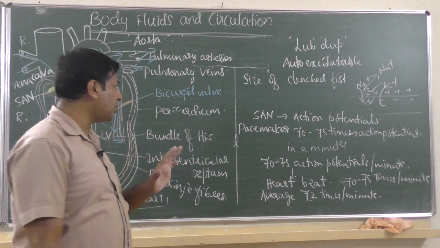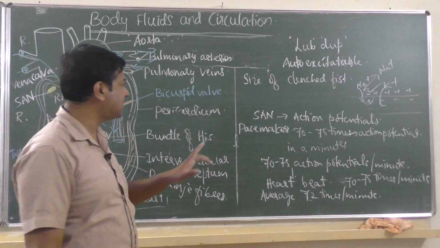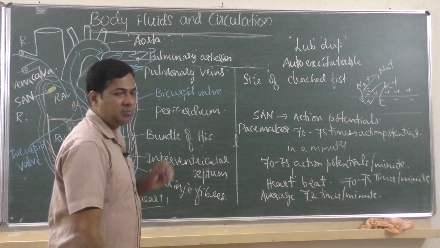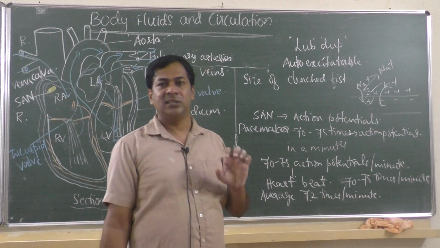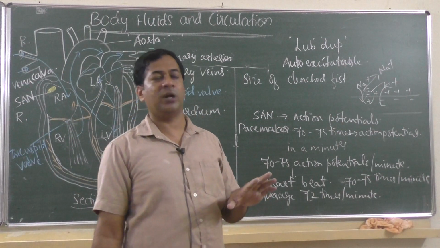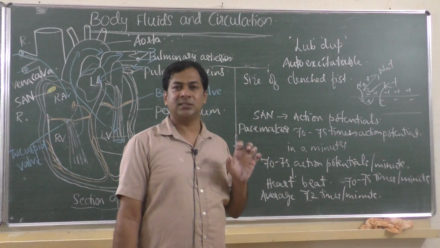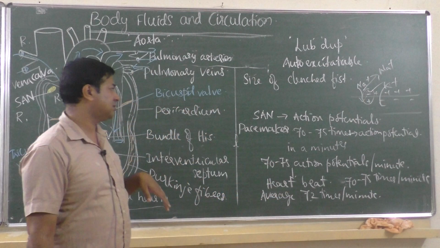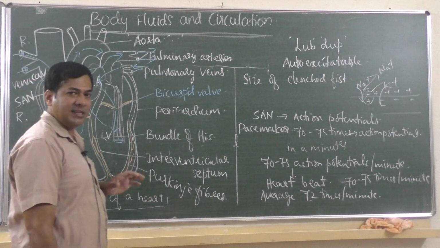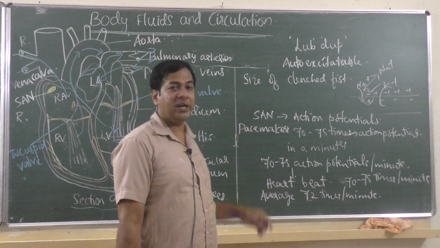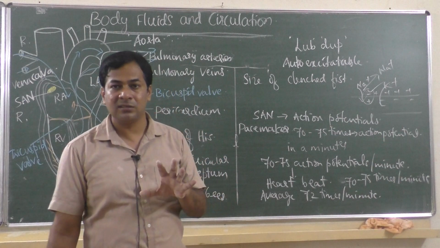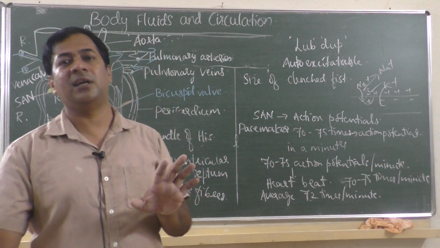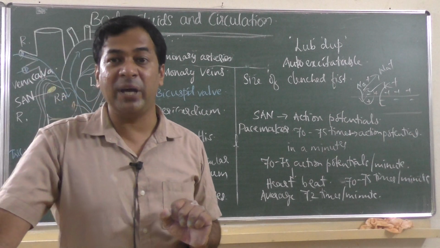So what controls it? What controls the heartbeat is the SAN, this part, the sinoatrial node. How does it control? By generating action potentials 70 to 75 times in 1 minute, and it sends signals for the heart to beat. That is how it controls it. As the sinoatrial node maintains the rhythmic beat, or rhythmic contraction and relaxation of the heart, it is called the pacemaker.